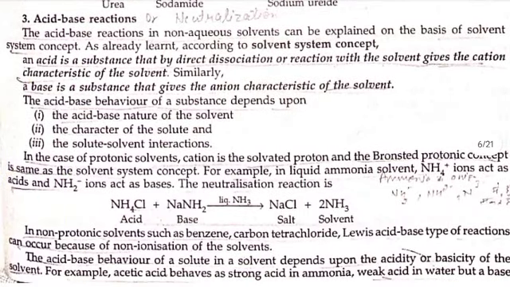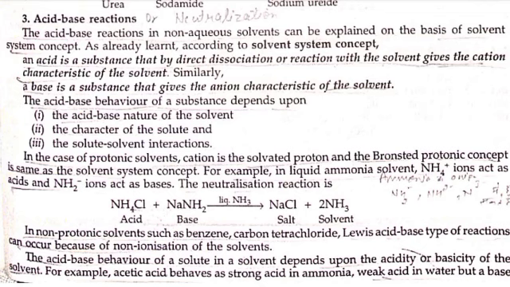Acid-base reactions. The acid-base reactions in non-aqueous solvents can be explained on the basis of the solvent system concept. As already learned, according to the solvent system concept, an acid is a substance that by direct dissociation or reaction with the solvent gives the cation characteristic of the solvent. Similarly, a base is a substance that gives the anion characteristic of the solvent.